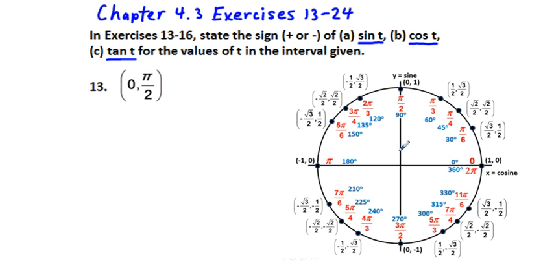So what I drew out here has an image of a unit circle, and here we have the interval, and this means 0 to pi over 2.